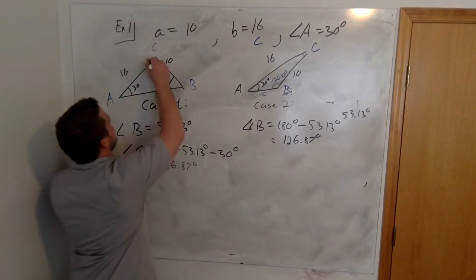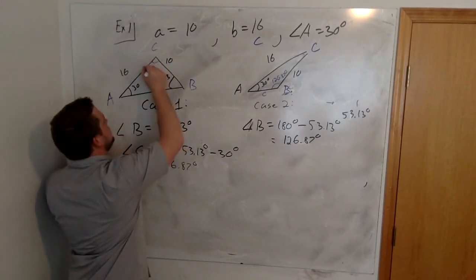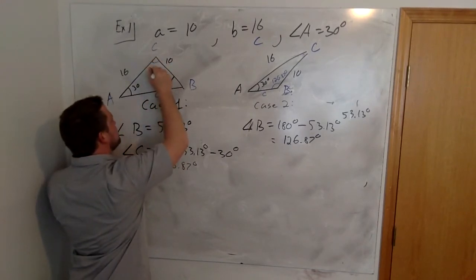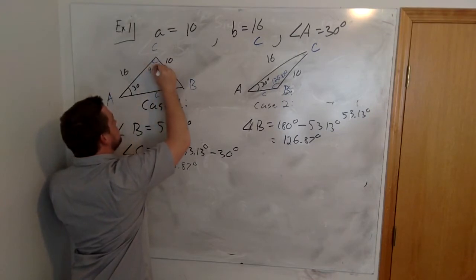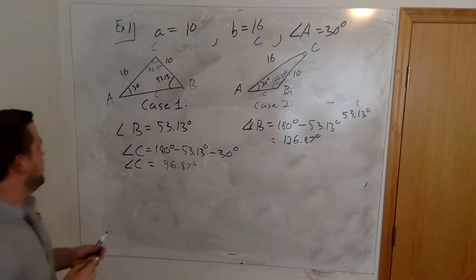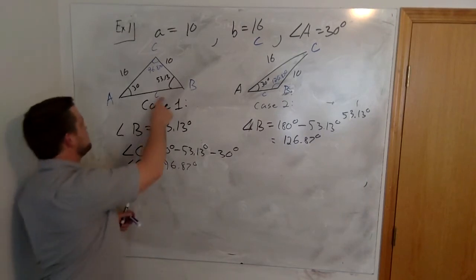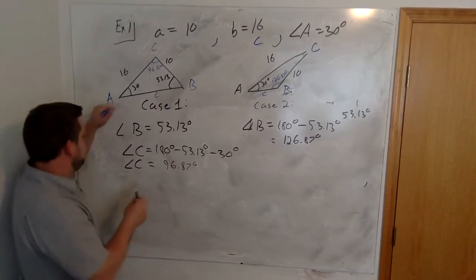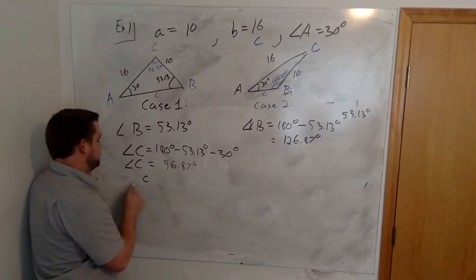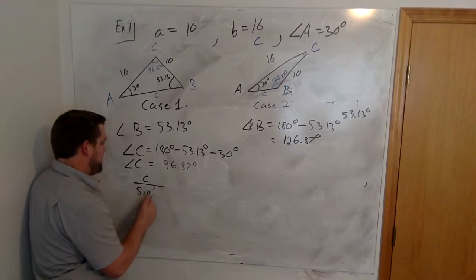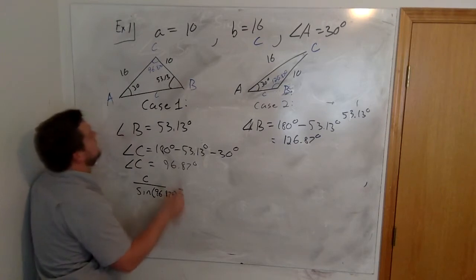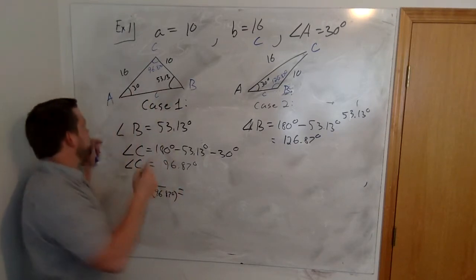So we know that this is going to be 96.87 degrees. Okay, well, now we can figure out side length C. Here we would have that side length C over the sine of 96.87 degrees could be equal to, you could use A's or B's here.